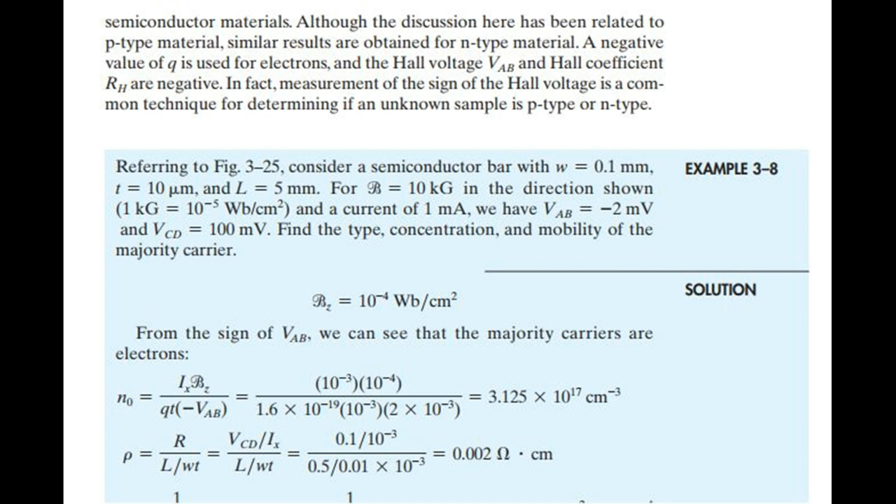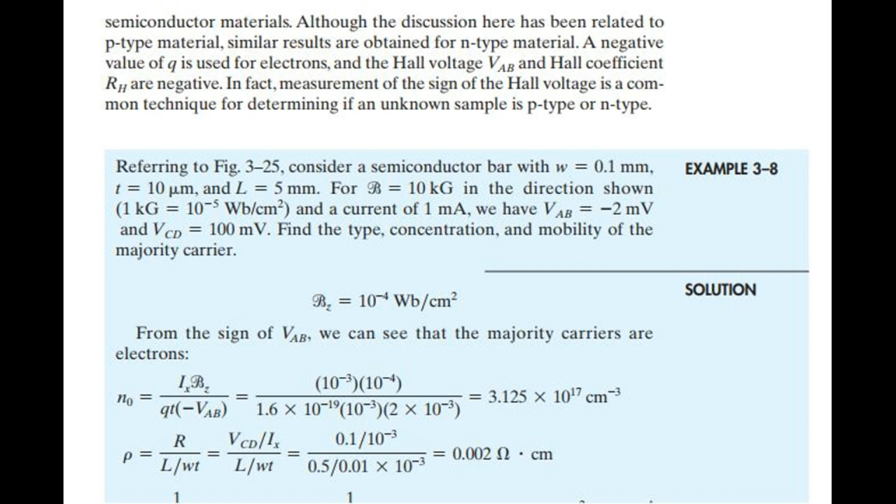For B equal 10 kG in the direction shown, where 1 kG equals 10^-5 Wb/cm², and a current of 1 mA, we have VAB equal -2 mV, and VCD equal 100 mV. Find the type, concentration, and mobility of the majority carrier. From the sign of VAB, we can see that the majority carriers are electrons.